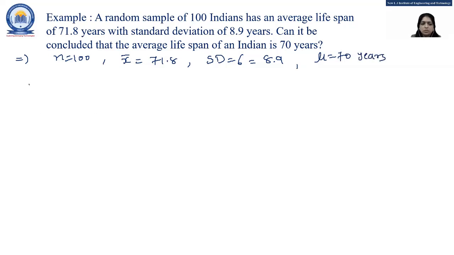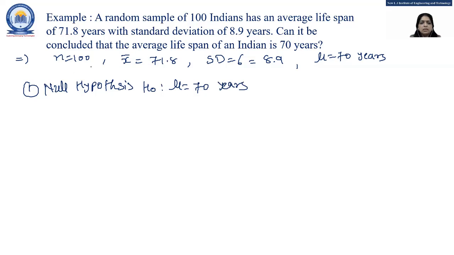We'll start the solution. Number 1, null hypothesis. For the null hypothesis, H naught, that is mu equal to mu 0, and our mu 0 is 70. So here mu equal to 70 years. What does it mean?